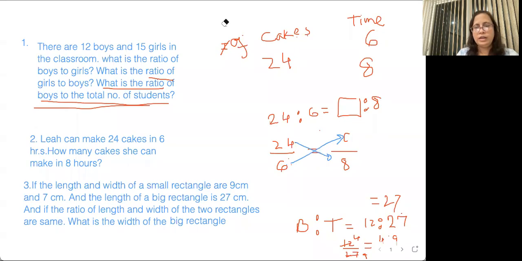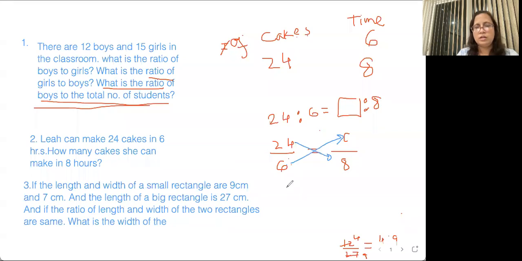So what we can get, we can just find it out from here. Let me clean a little bit more. Okay, I think we're good now. So 24 times 8 and 6 times C, right?